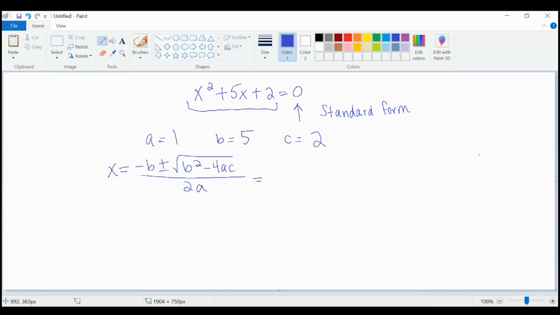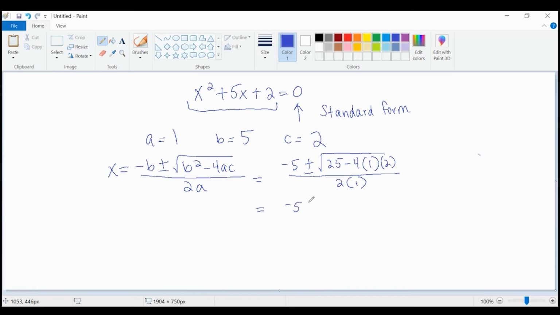So if we substitute in our values from this equation, we will have the opposite of 5. And since 5 is already positive, the opposite will be negative 5, plus or minus the square root of b squared, which is 25, minus 4 times a, which is 1, times c, which is 2, all divided by 2 times 1.